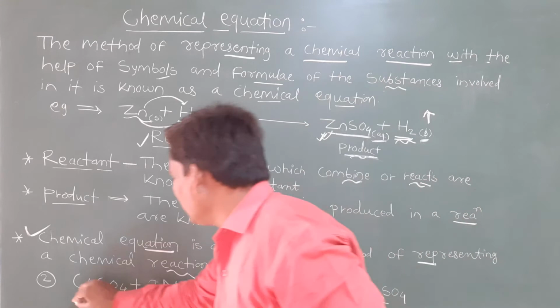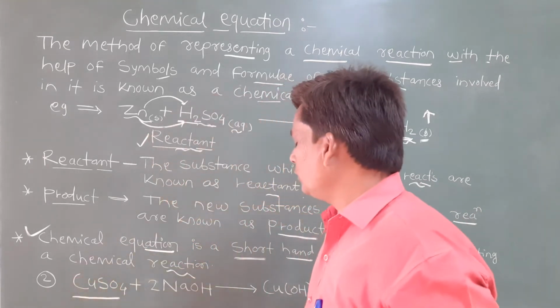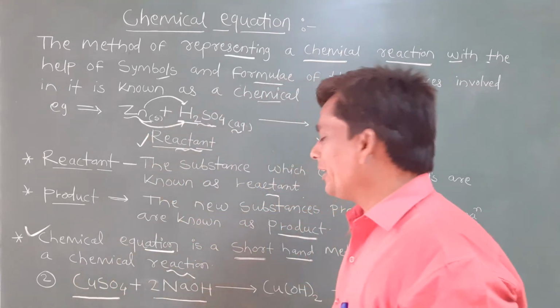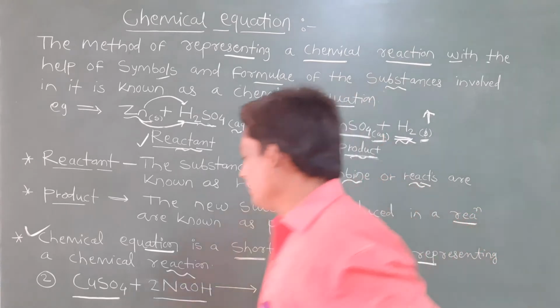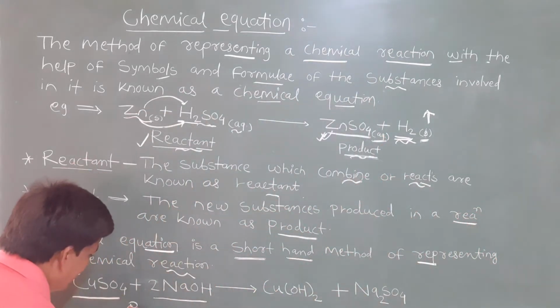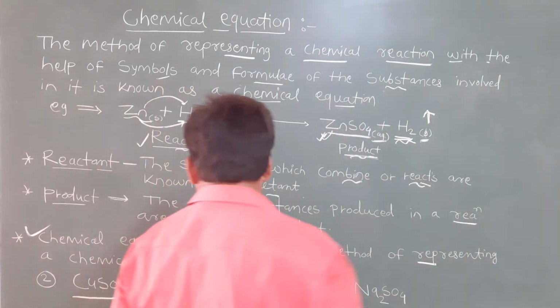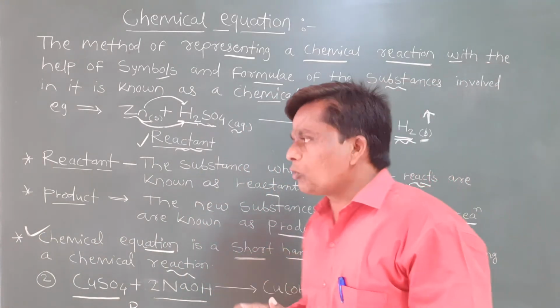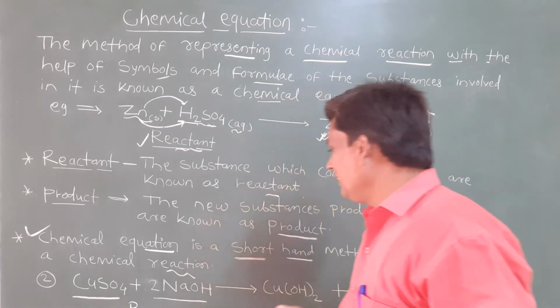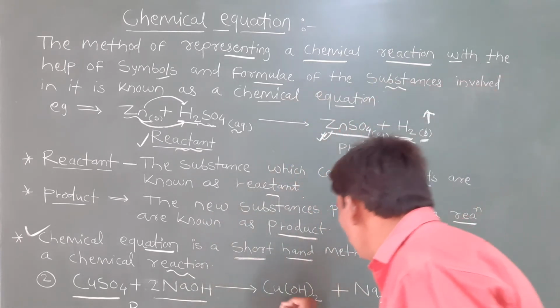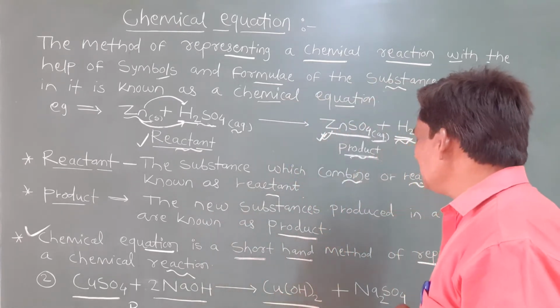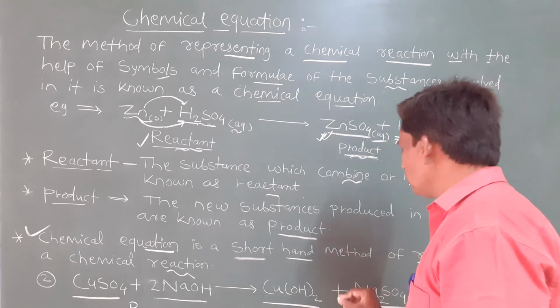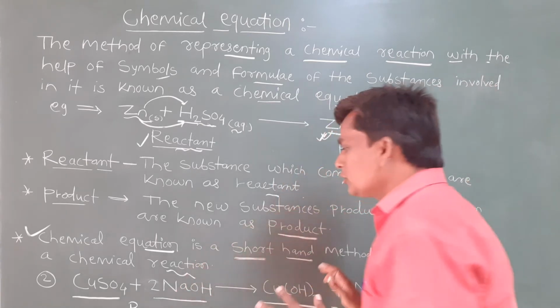Here I have taken copper sulfate, CuSO4, and sodium hydroxide. These two are the reactants. When copper sulfate and sodium hydroxide react together, there is formation of new products, copper hydroxide and sodium sulfate. These are the products. Very simple reaction.